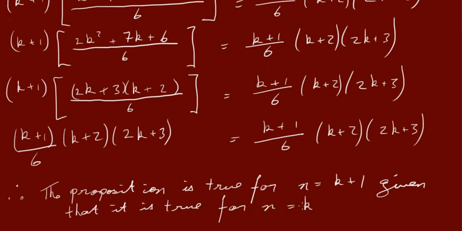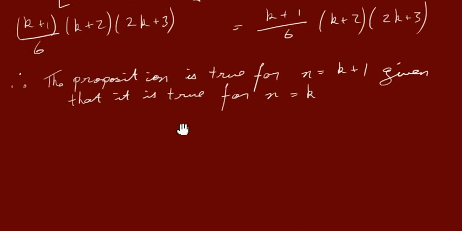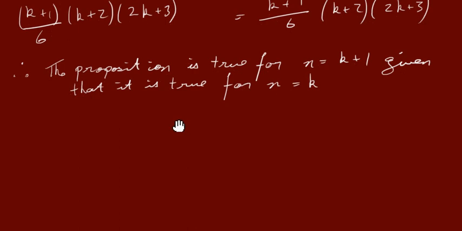Remember, we made an assumption that it was true for n is equal to k. If it's true for some number k, then it is true for k plus 1. Now, that's the main bulk of the proof. We're just going to make a statement at the end here.